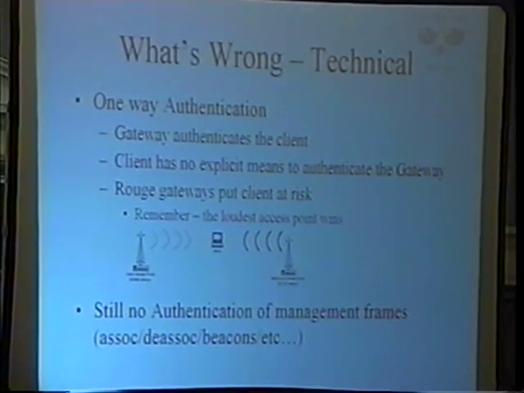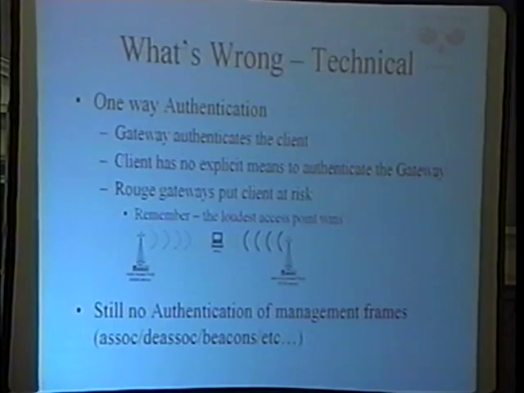The only way it knows to determine whether to use A or B is who's speaking the loudest to me? Who do I have the strongest signal to? So if I want to have the strongest signal to someone in the front row running a wireless network right now, I can point a directional antenna at him, and I guarantee I'm going to blow the hell out of that access point. I'm going to be a lot louder than him. Pow, I win. As far as he's concerned, I'm the Black Hat network.